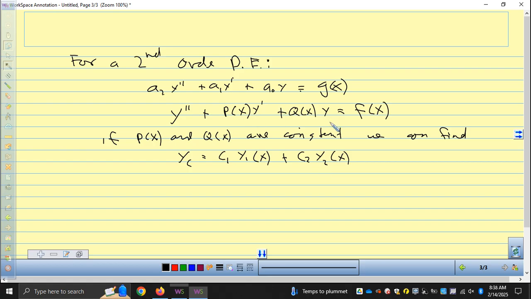So if these two are constant, we can find y1 and y2. And that part is the weakness of this technique, is that we have to be able to find y1 and y2 to use variation of parameters. We have to be able to find those two solutions somehow. So right now, we're limited to constant coefficients.